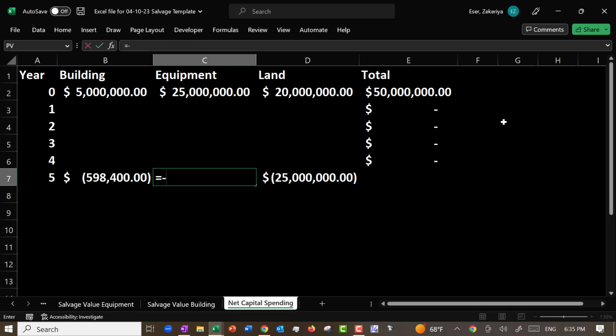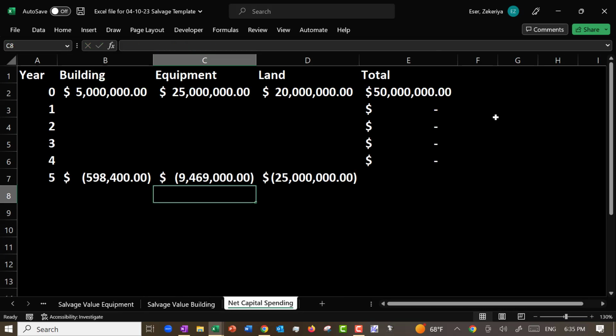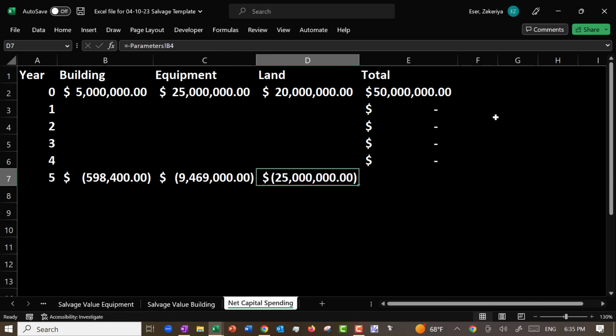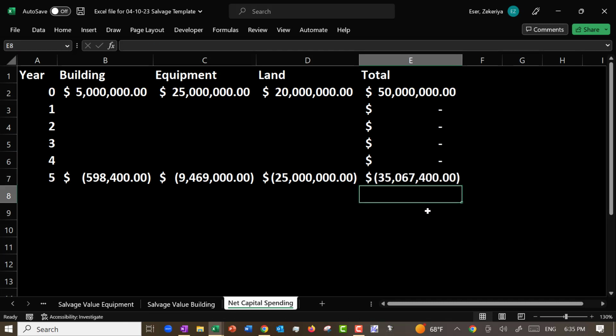I already had the land in there. So it's as if I sold $35 million worth of capital equipment on an after-tax basis in year 5.